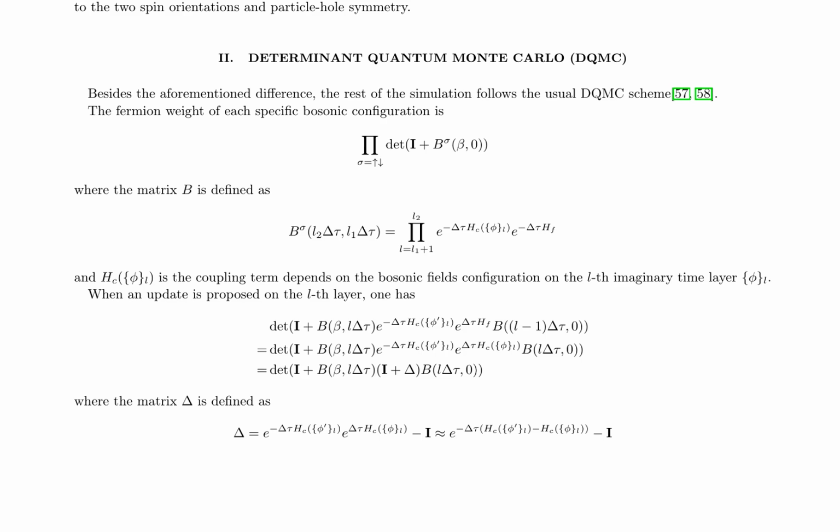When an update is proposed on the l-th imaginary time layer, one has det(I + B(β, (l+1)Δτ) e^{−Δτ H_C(φ'_l)} e^{−Δτ H_F} B(lΔτ, 0)) = det(I + B(β, lΔτ)(I + Δ)B(lΔτ, 0)), where Δ is defined as Δ = e^{−Δτ H_C(φ'_l)} e^{−Δτ H_C(φ_l)} − I, which approximately equals e^{−Δτ(H_C(φ'_l) − H_C(φ_l))} − I.